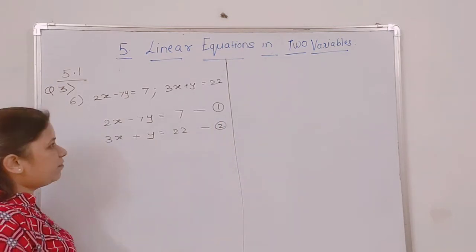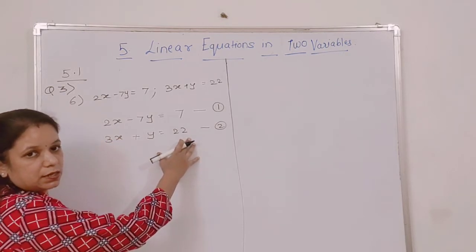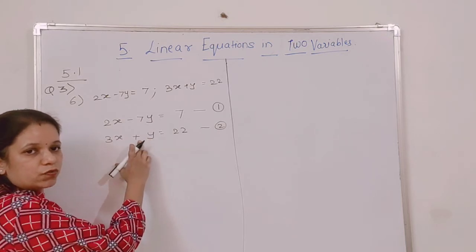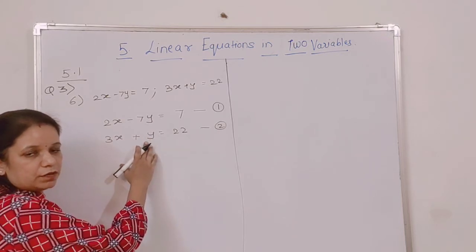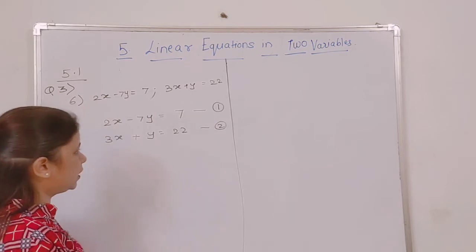Now, if we see carefully, the second equation is easier. The coefficient of y is 1. So from this equation, we will calculate the value of y directly.